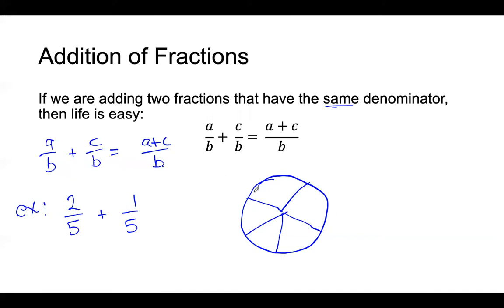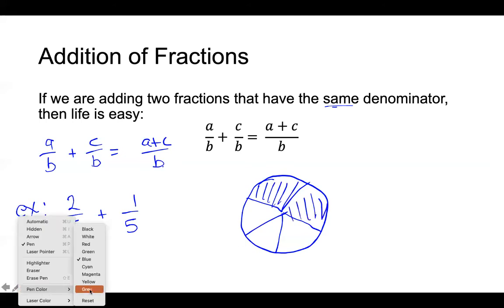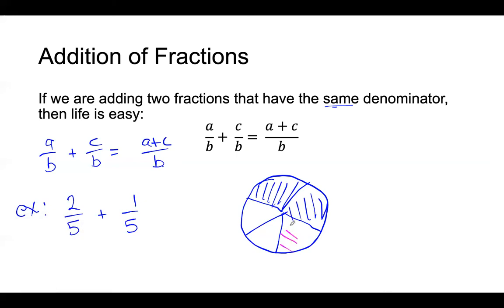And so if we're adding 2 over 5, we want the pizza slices to be equal in order to compare them. So this would be 1 slice, 2 slices, plus the third slice, which is here. And we see in total, well, we get 1, 2, 3. So 3 out of 5 slices.